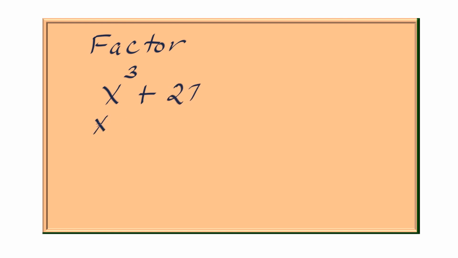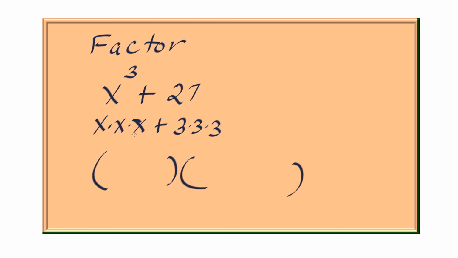Okay, so what happens if we have a sum of cubes? Let's say factor x cubed plus, let's say, 27. If this is a plus, we're going to do the same process. You're going to expand the x cubed as well as the 27, so that's 3 times 3 times 3.